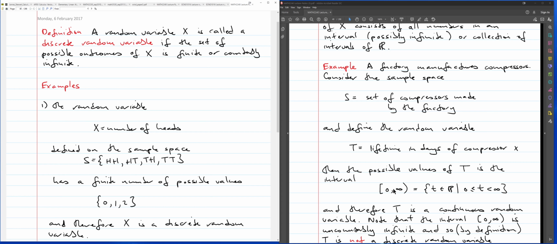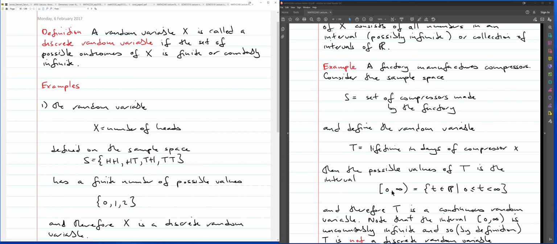Even if you do have a boundary lifetime, which you probably can't really tell at this point, say if the boundary lifetime was 1,000,000 days, that would still be an interval.